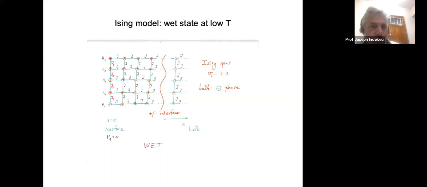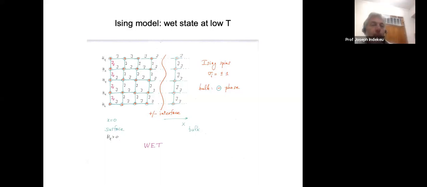So this is the wet state in the model calculation, where you impose always the same phase in the bulk, but you allow for the possibility that the converse phase will intrude between the wall and the interface that you will necessarily have to put there in order to be able to go back to the minus phase, because that's fixed.